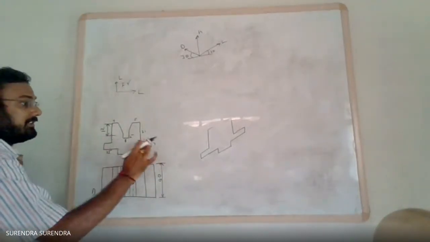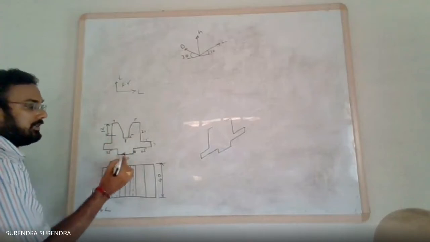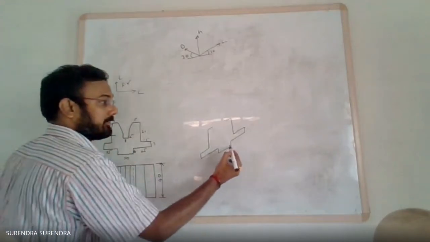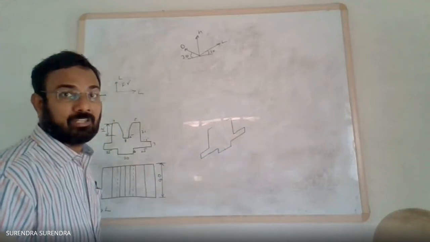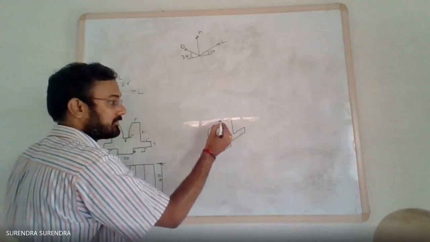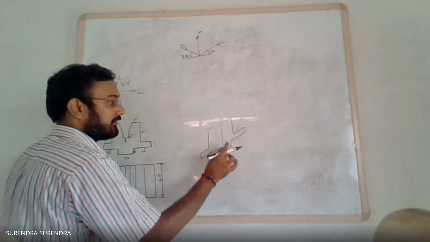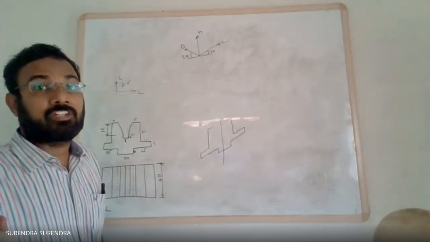At the exact center we have this groove. Mark the midpoint of this 20 mm line, and passing through this midpoint, draw a vertical line.